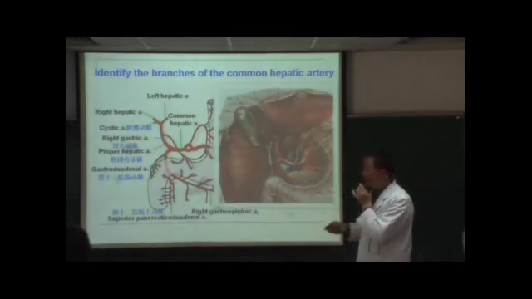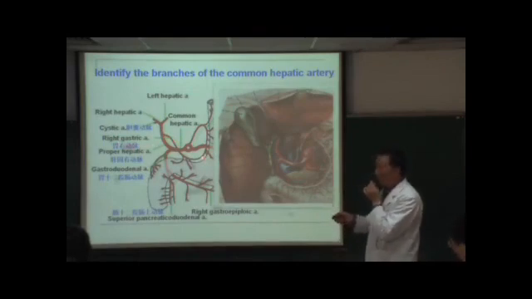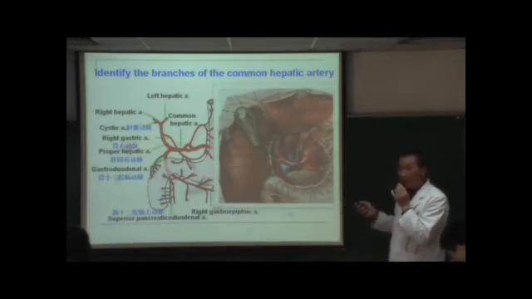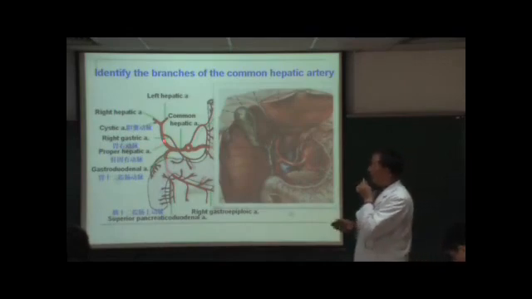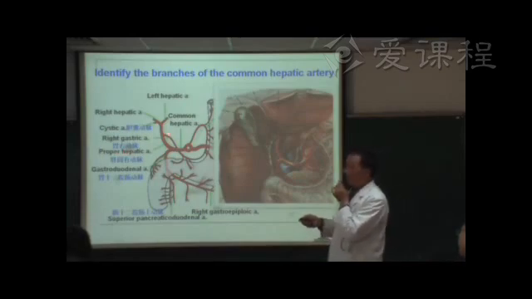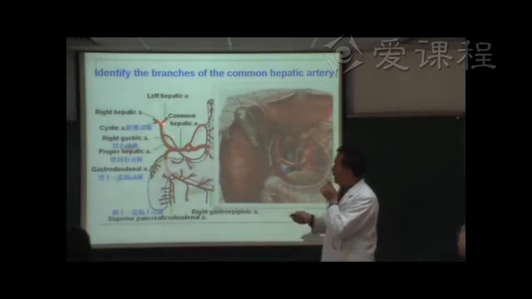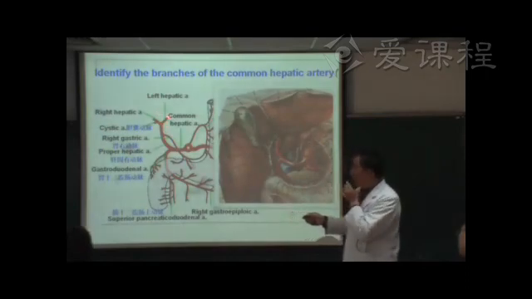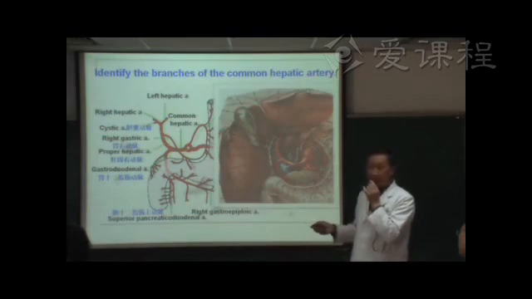Anastomosis 吻合, 胃右动脉与胃左动脉在胃小弯处吻合. And then the proper hepatic artery finally divides into 2 or 3 terminal branches.